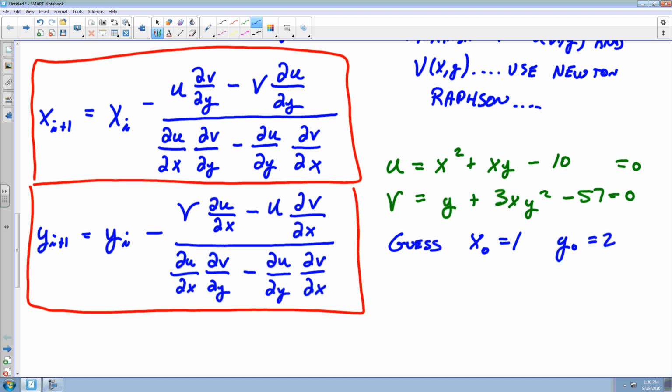If you look at x squared plus 10xy minus 10, x can't be a really big number. It also can't be a really large negative number, because if you square it, it's going to have to be somewhere between minus 5 and 5 or something like that, probably.